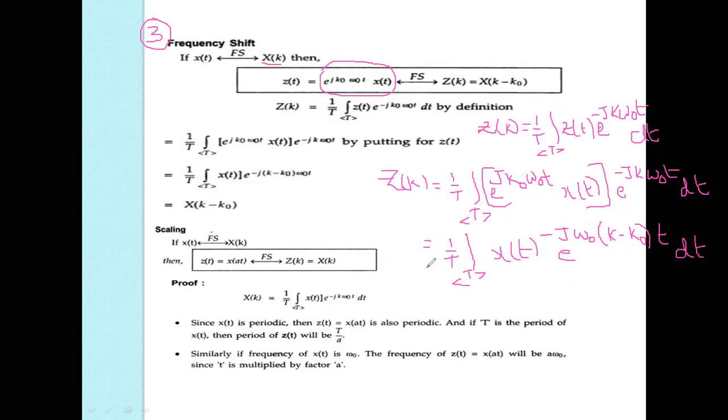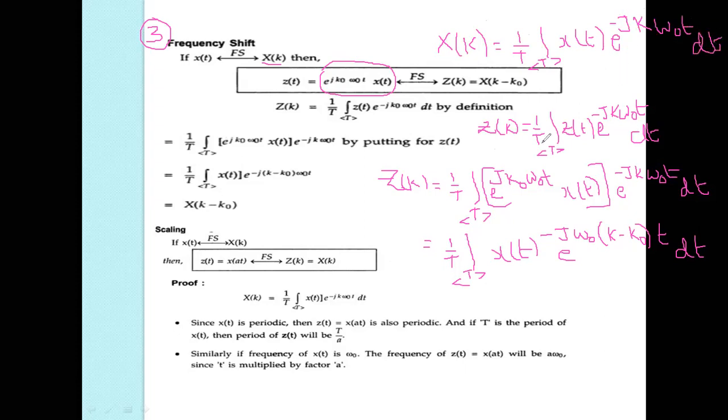Now you can observe this total equation is similar to x of k equal to 1 by T, the analysis equation, my dear student. Analysis equation: integral over T, x of t, e power minus j k omega naught t dt also.